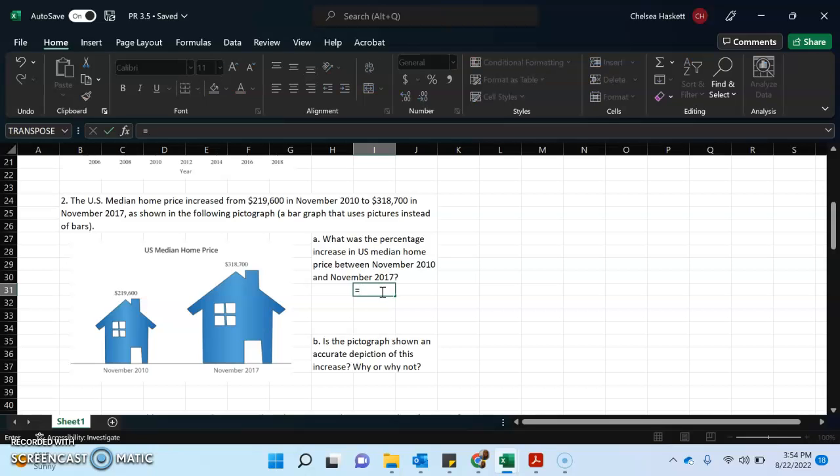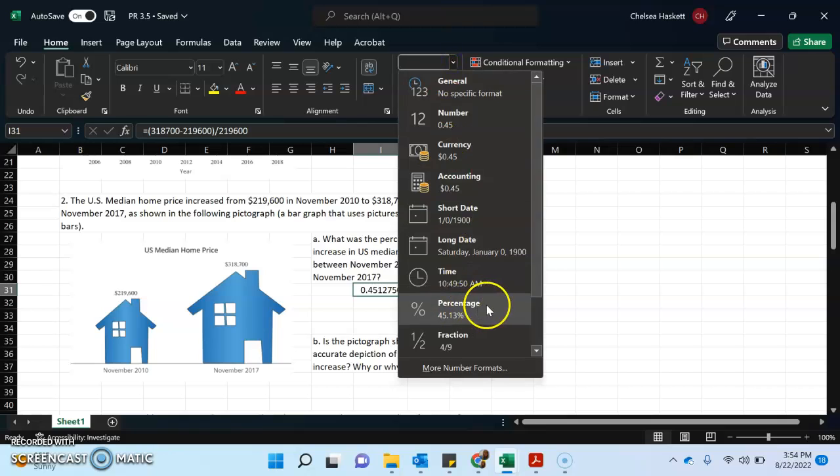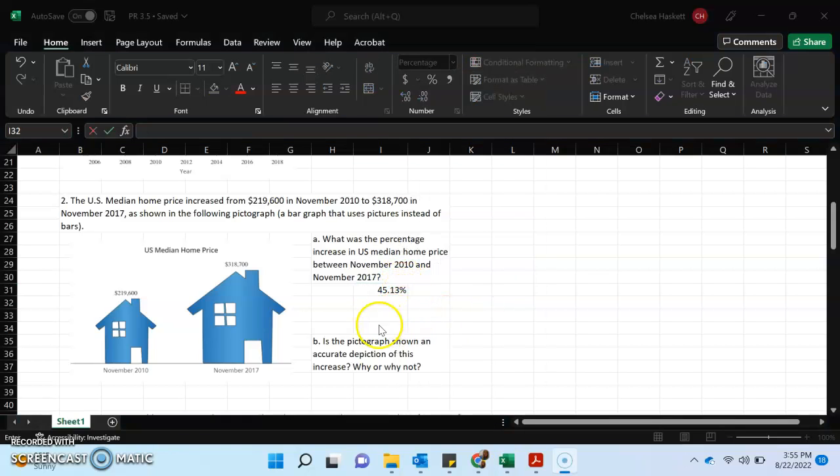So the change is parentheses 318,700, subtracting the original, 219,600, and then we put it over the original price, 219,600 again. Then I change this to percent by going to General and switching it to Percent. About 45.13, or 45%.